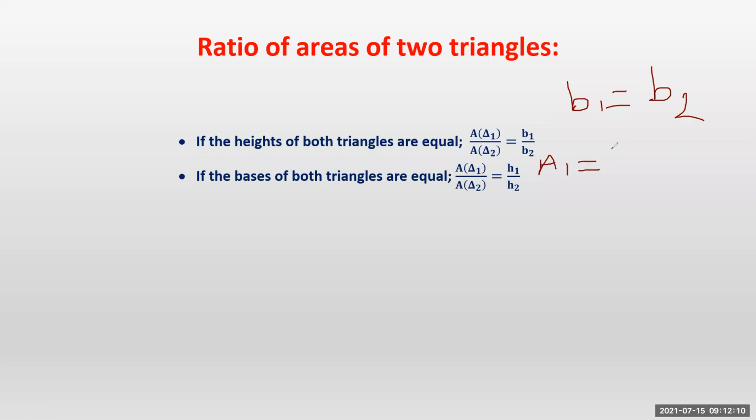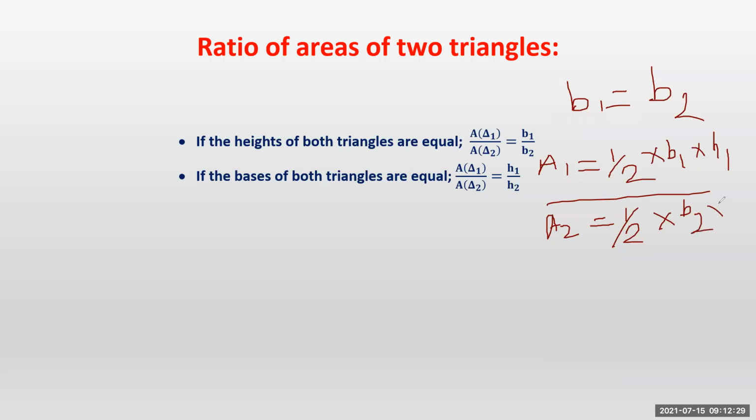A1 equals to half B1 into H1 and A2 equals to half B2 into H2. So what happens here? Again half B1, half B2, you can cancel it off. Why? Because B1, B2 is equal, half of are same. So what are you left out with?